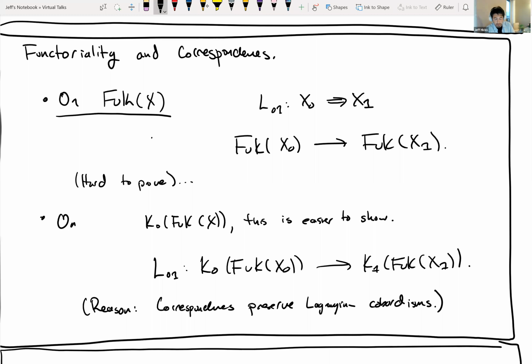So the result of Biran and Cornea tells us that this K theory of the Fukaya category is encapsulated in the Lagrangian cobordism classes of the Fukaya category. And because correspondences preserve cobordisms, we get a map between these two objects.